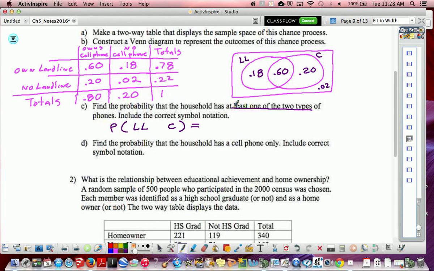Is this an and or an or? It's an or, because it's one or the other or both, since it says at least one. So it could be just landlines, just cell phones, or both. So guess what I have to do to get that actual probability? Add those all up, and what do they add up to?